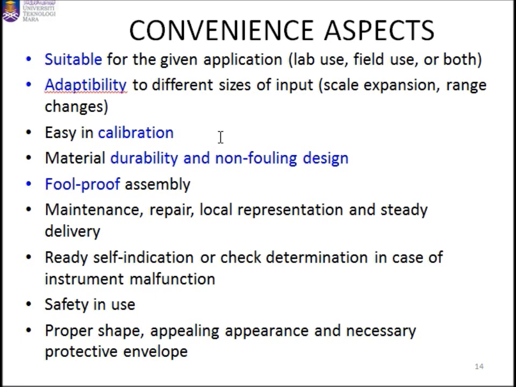Is the equipment easy to calibrate? Then we should be concerned with material durability and foolproof design, foolproof assembly. We need to study the maintenance, repair, local representation, steady delivery, and other criteria.